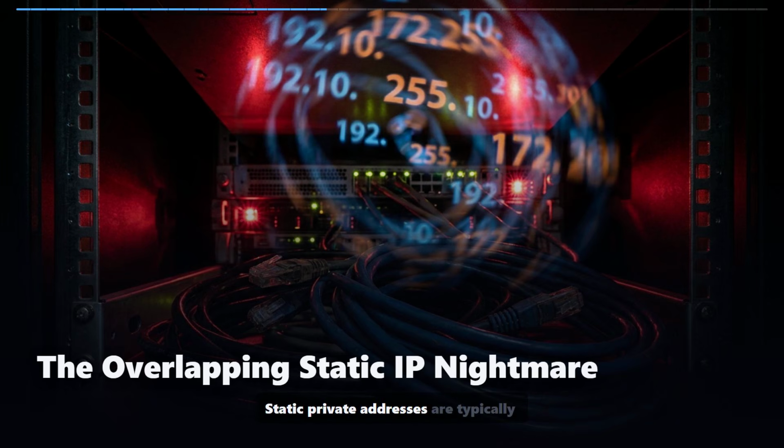Static private addresses are typically reserved for infrastructure that depends on predictable addressing, such as domain controllers, DNS servers, network virtual appliances, or systems referenced by fixed IPs. For most application servers, letting Azure manage address assignment reduces administrative overhead while still providing reliable connectivity. Choose static addresses because the workload requires them, not simply because they seem safer.